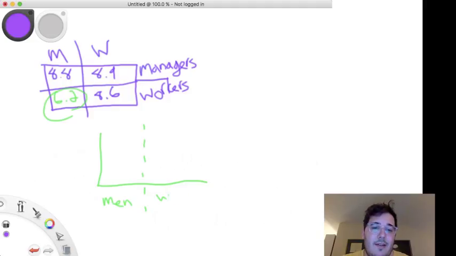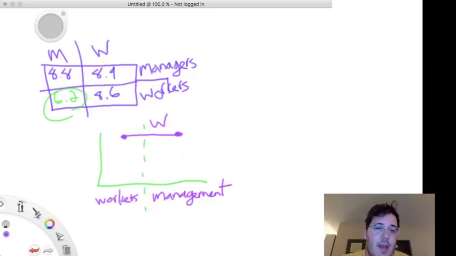If we had workers, management, then for women, we have something like this. And for men, we have something like this. Right? So this is the 6.2. And then we have 8.8, 8.9, 8.6.